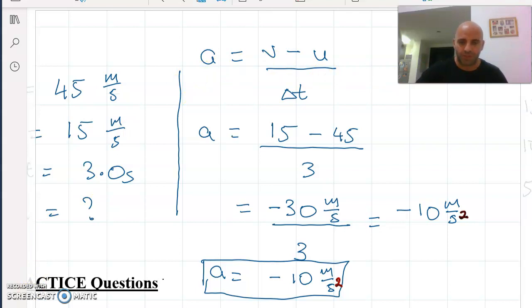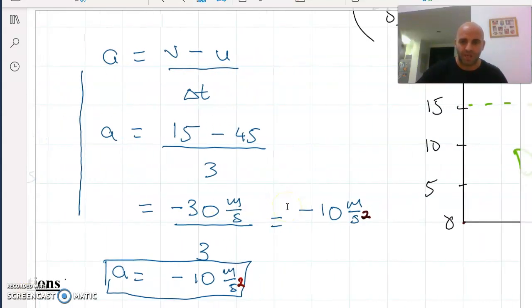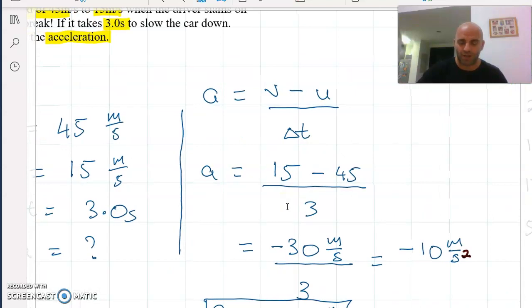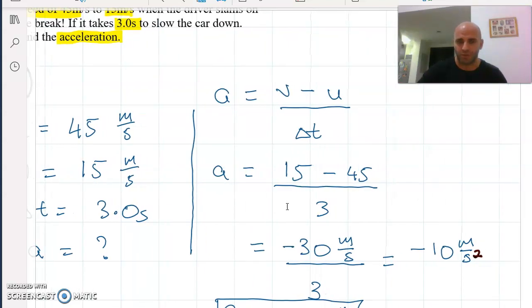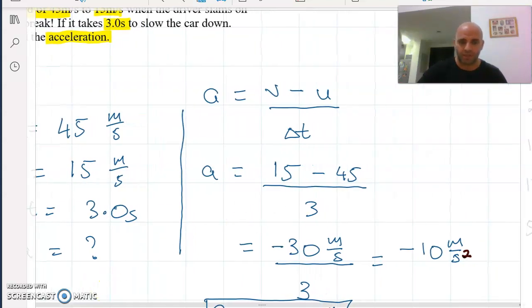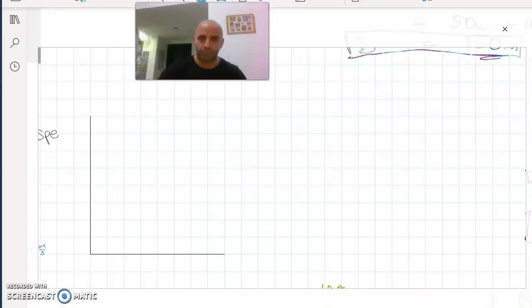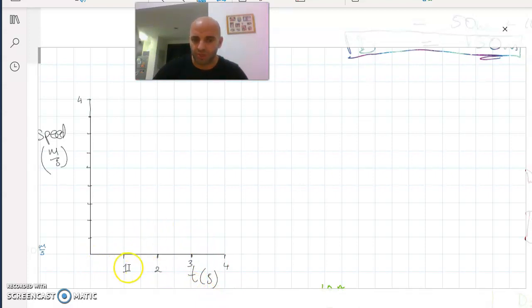Okay. Now what I did was, I went ahead and took that same question, which was given to me in word form, and I turned it into a graph. And I would like you all to be able to do this as well. So I'll just show you how I did that. To graph that question, I started off by drawing my axes and labeling my axes. Now if you notice, because I knew I had a very short time interval, I decided to make every square half a second.